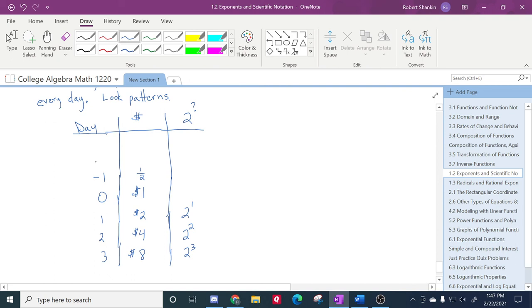So, day -2, what amount of money must I have invested? Well, $0.25. So that one day later it doubles to half of $1. One day later it doubles to $1. I'm there with everybody else.